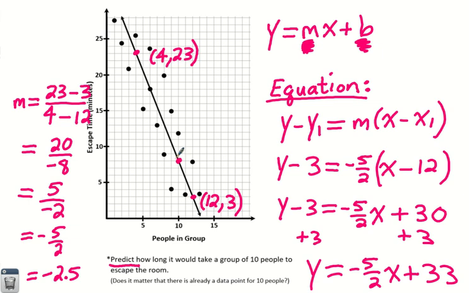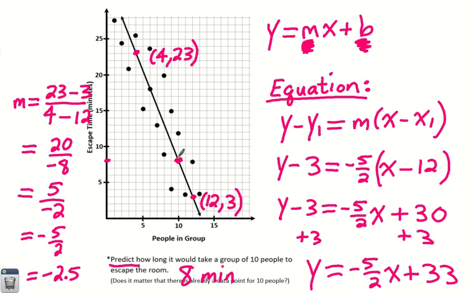And so look, sometimes these prediction questions are just based on the line, because you can just look at it and go, for 10 people on my line, it looks like it would be 8 minutes would be my guess, my prediction. 5, 6, 7, 8, yeah.